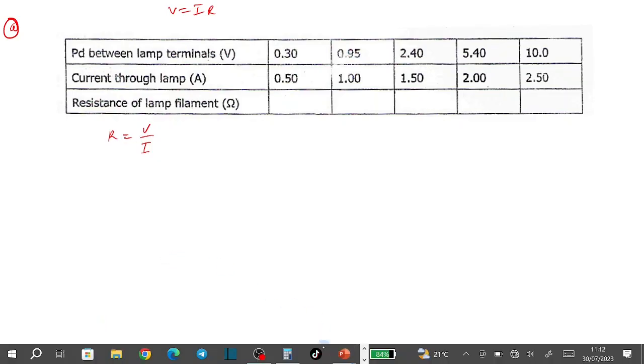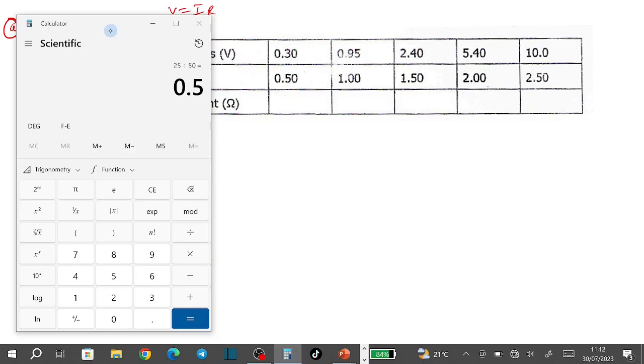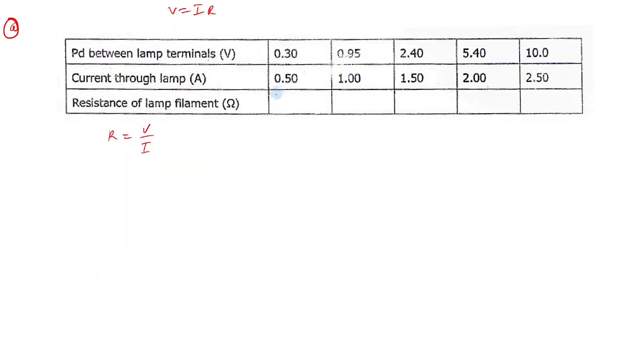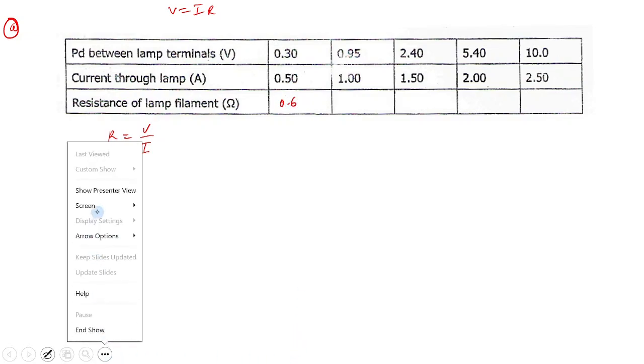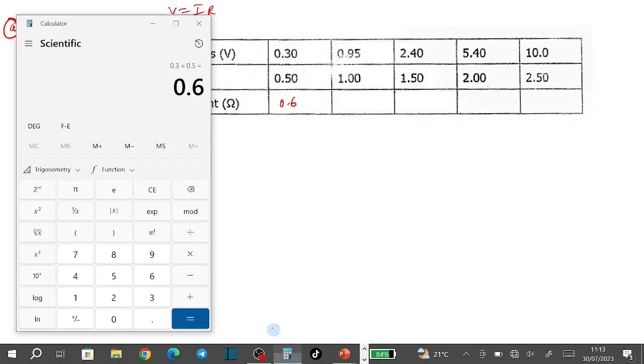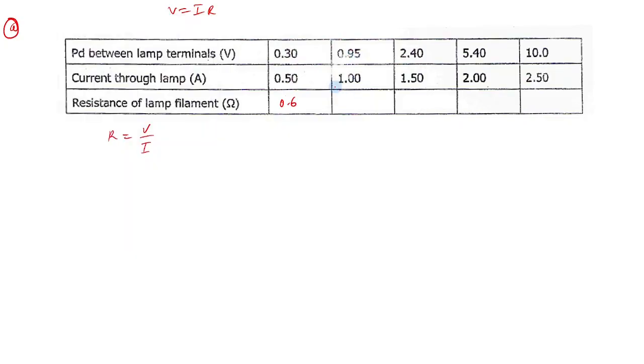So 0.3 divided by 0.5 will be 0.6. Then we'll continue. We'll also say 0.95 divided by 1, it will be 0.95.